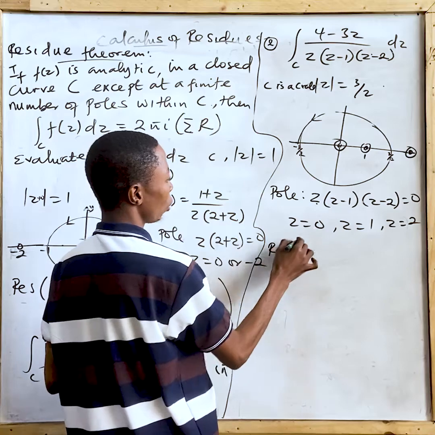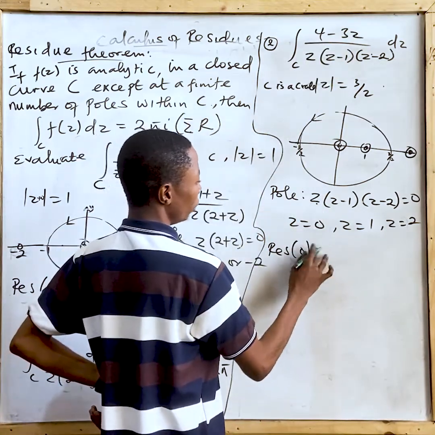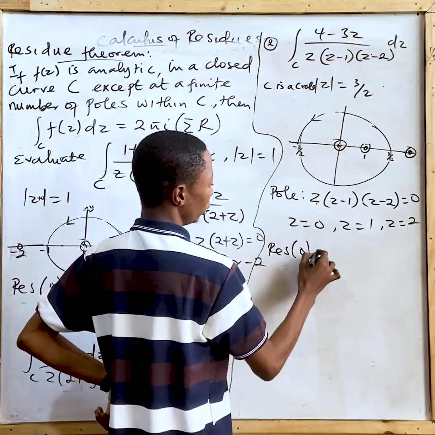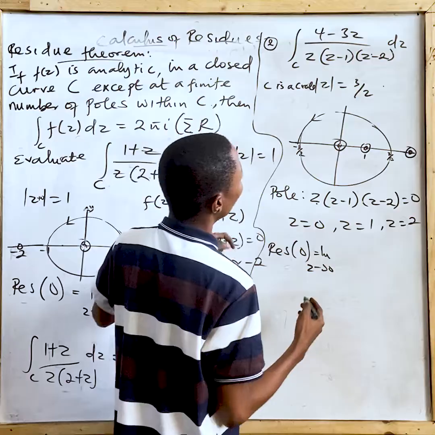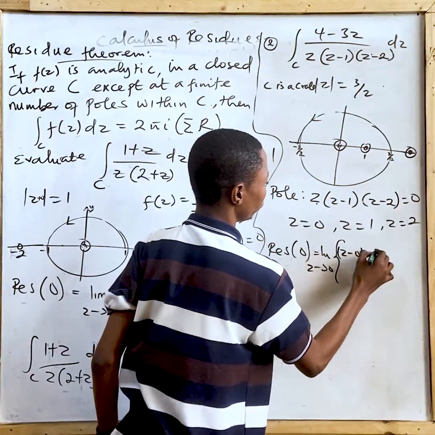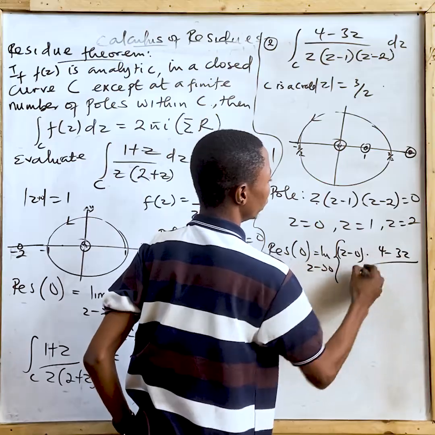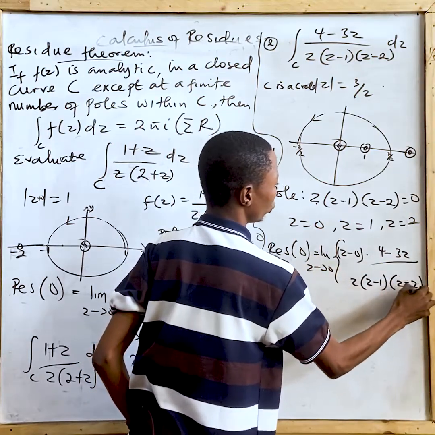So the residue at 0 of this function will be what? It will be the limit as Z approaches 0 of Z minus 0 times (4 minus 3Z) divided by (Z minus 1)(Z minus 2).